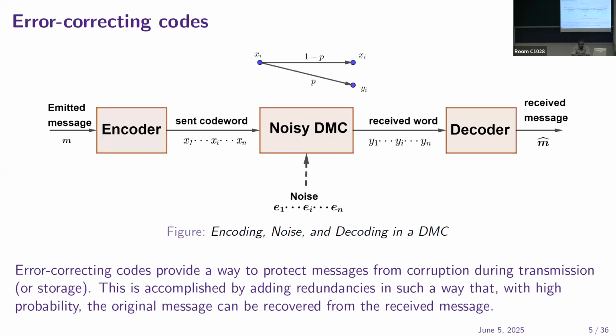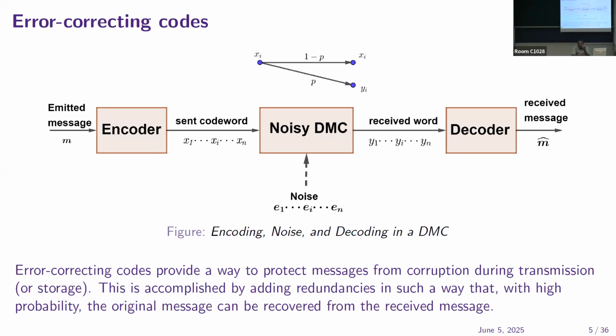Okay. Error correcting codes provide a way to protect the message from corruption during transmission or storage. This is accomplished by adding redundancy in such a way that with high probability, the original message can be recovered from the received message.